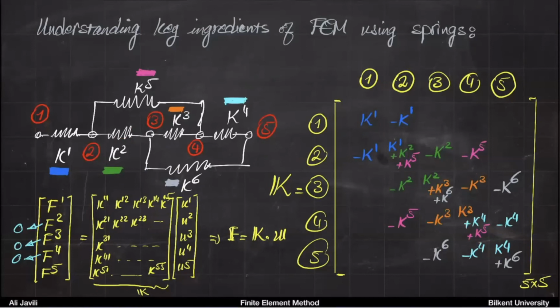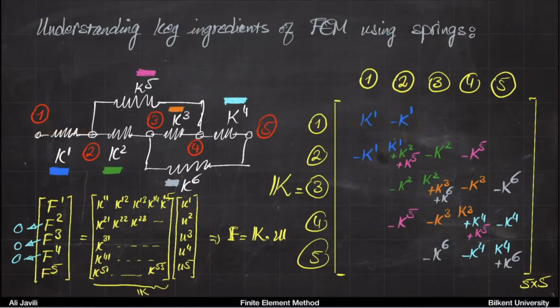And now you should have a good understanding of those zeros, because you can see the places that are non-zeros tell you there is a connection between those 2 nodes. So this connection between node 1 and 2 is non-zero. That tells you that between nodes 1 and 2, you have a spring.